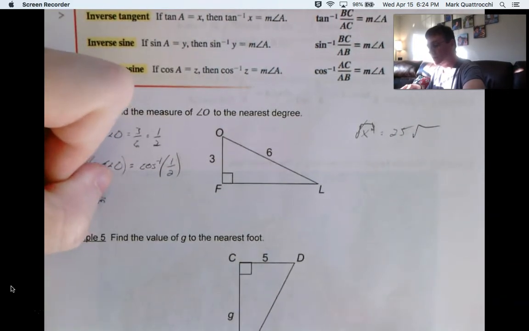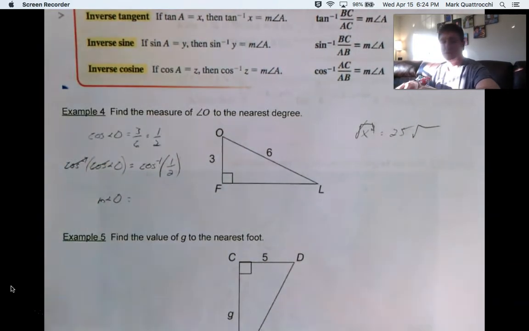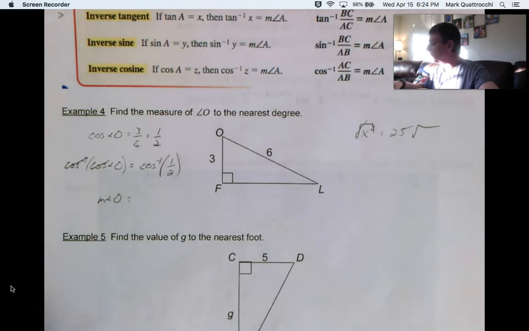So the measure of angle O equals, and you go to your calculator, inverse cosine of 1/2. And again, if you have your calculator set up in degrees and you know how your order is for punching things in, so I'm going to use 0.5.